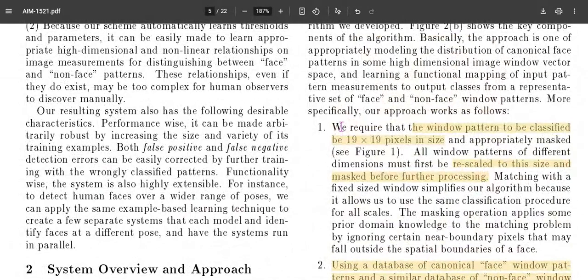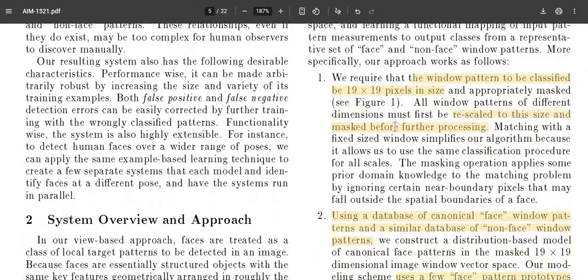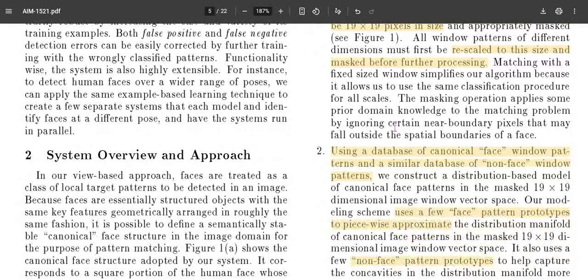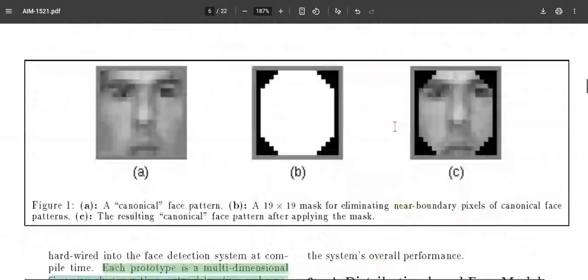That window pattern is rescaled to a fixed size and pre-processed, for example with histogram, gradient and intensity uniformization. The second step: given a data set of faces and non-faces, as with correlation templates, we make a clustering in a high dimensional space, and those eigenvector spaces are represented and kept.